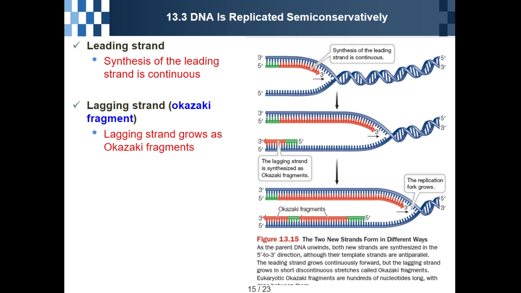Okazaki and his wife did this study in America. They were a husband and wife team of scientists, and to find this, they used a lot of radioactive isotopes. The husband Okazaki died, and based on the husband's experiments, the wife finished the work. Then they found this phenomenon.